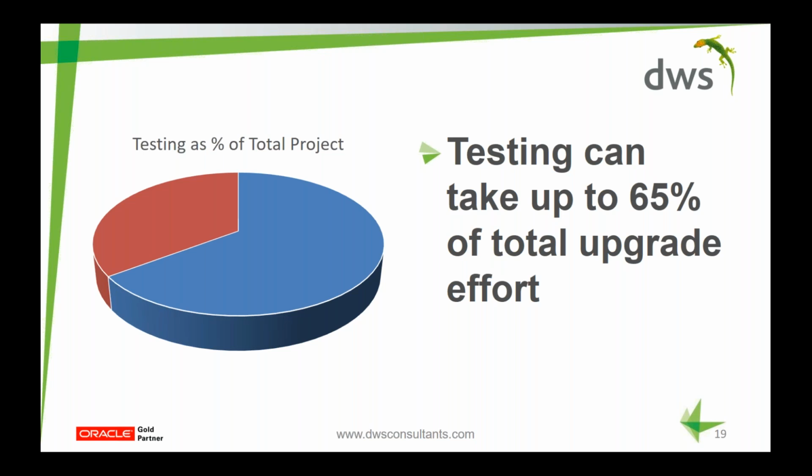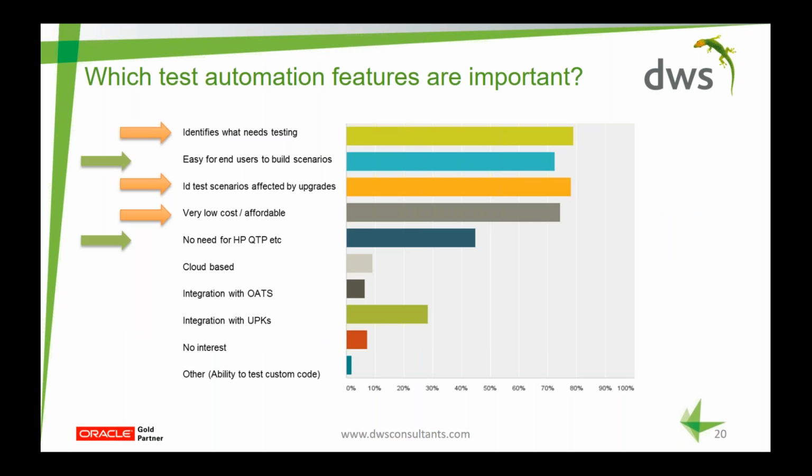Now, when it comes to upgrading an EnterpriseOne system, we've had feedback from customers saying that actually testing can take up to 65% of the total upgrade effort. So there's an awful lot of time, effort, and money spent on testing the systems. And hopefully you've now started to see from the demonstration that Pierre has given you that we can start to make a massive reduction in the testing effort. And we're now going to show you some even more useful things.